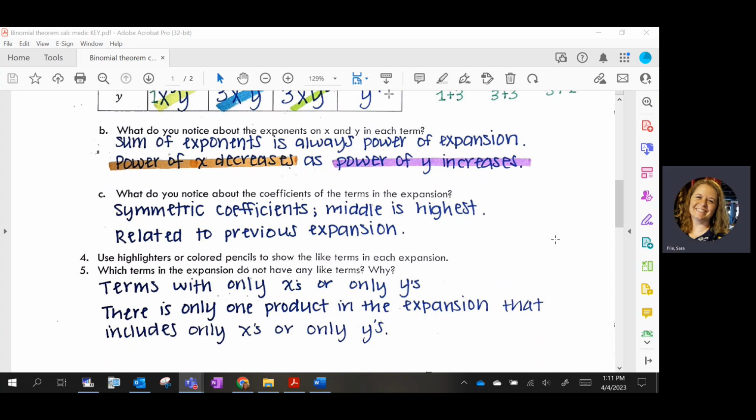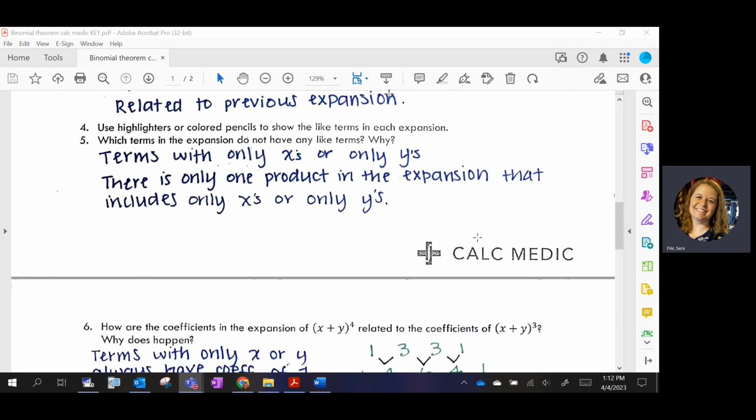But what we're going to look at today with the binomial theorem is kind of going to be a bit of a shortcut for us, a way to expand these binomials a little quicker, with less work. You all good now? And this will be posted too if you need to go back and fill in more, or I can scroll back to it in a little bit for you to fill in the rest. Okay, but let's go ahead and take a look at the back.